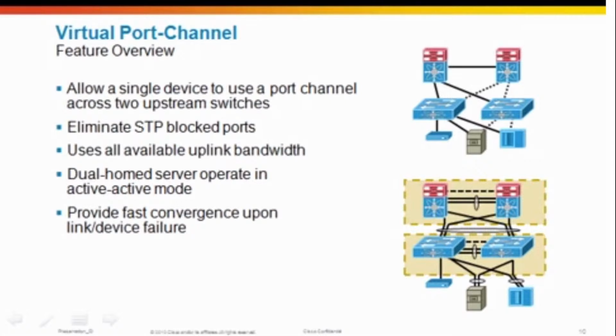It uses all available uplink bandwidth. In other words, as a regular port channel would have an active-active scenario where both links will be up, or more than two, depending on how many links you have in your port channel. Dual-homed servers will operate in active-active as well as switches. And VPC provides fast convergence upon link or device failure.